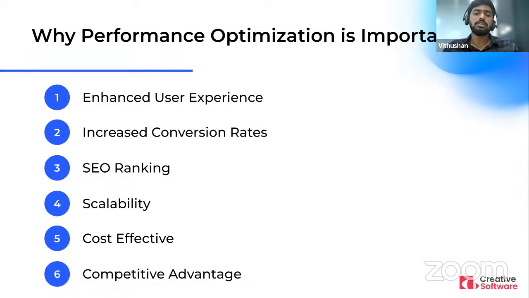Also, search engines favor fast loading websites. Performance optimization can improve your SEO ranking, helping more users to find your site. Basically, search engines like Google use web crawlers and web scrapers to go into the World Wide Web and crawl and scrape website URLs. It goes to the URL, scrapes all the content there, and indexes that content.